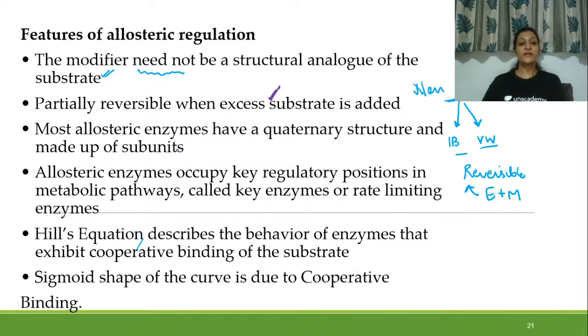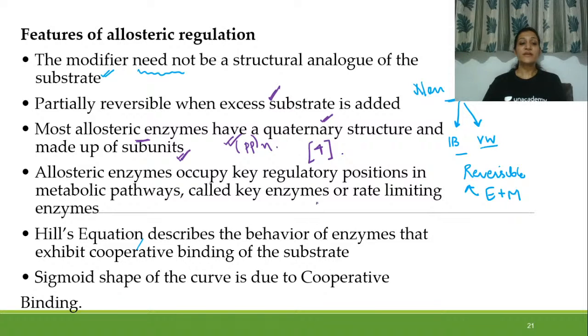Then most allosteric enzymes have a quaternary structure and are made up of subunits. So these allosteric enzymes are not made up of a single polypeptide. They are made up of multiple polypeptides, and the most common number of polypeptides is 4.